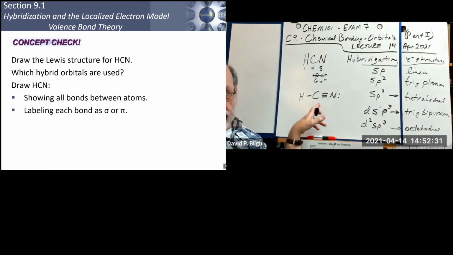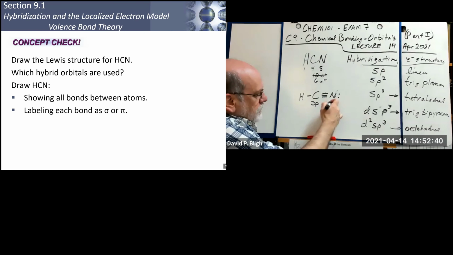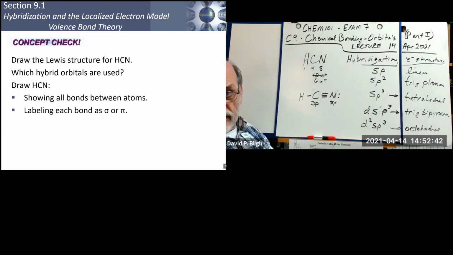So what's the shape around this one? It's linear, right? So we need sp hybridization here. How about this one? 1, 2. That's sp hybridization also. And hydrogen doesn't count because it only has an s orbital.